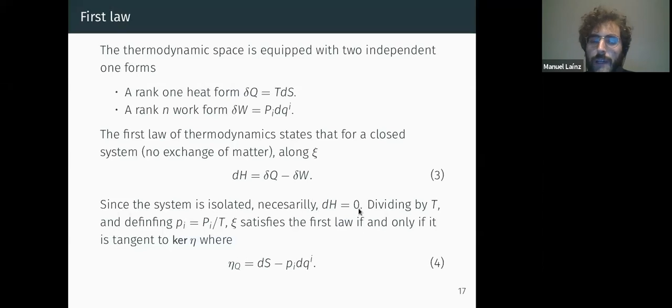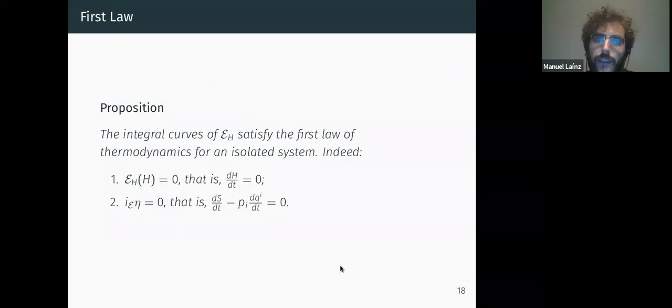So if we divide by this function T, which will be the temperature, of course, and we define Pi equal to the pressures divided by the temperature, then this process chi satisfies the first law if and only if it is tangent to ker eta, where eta is precisely this contact form, which is the natural contact form of this cotangent bundle times R. And the proposition is that the integral curves of the evolution vector field satisfy the first law of thermodynamics for isolated systems.